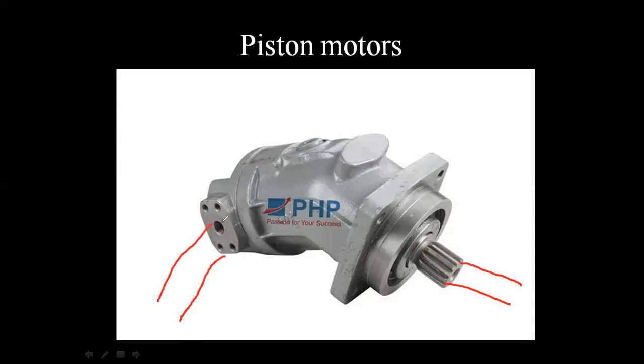The fluid enters the chamber and then it rotates the parts. It pushes the piston inside. Due to the piston movement, this thing rotates, which is nothing but the mechanical work being done at this part.